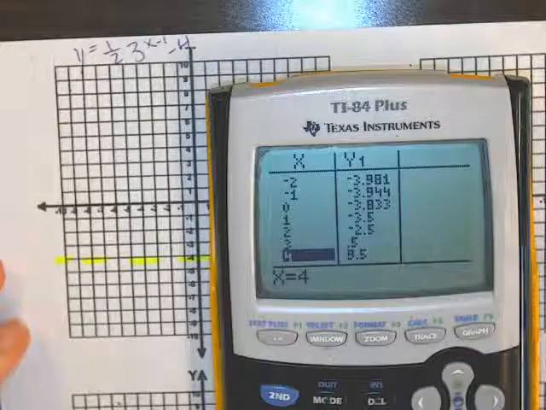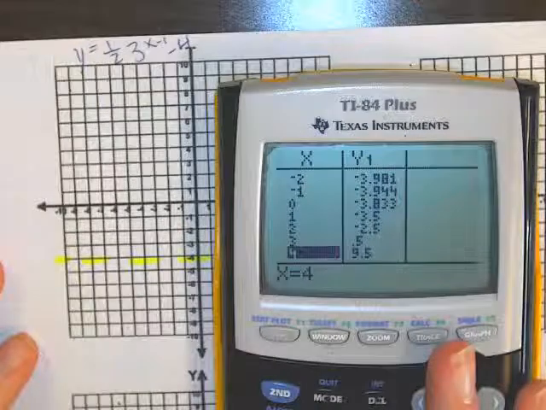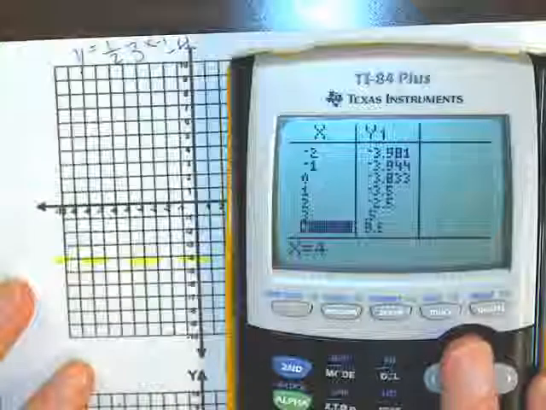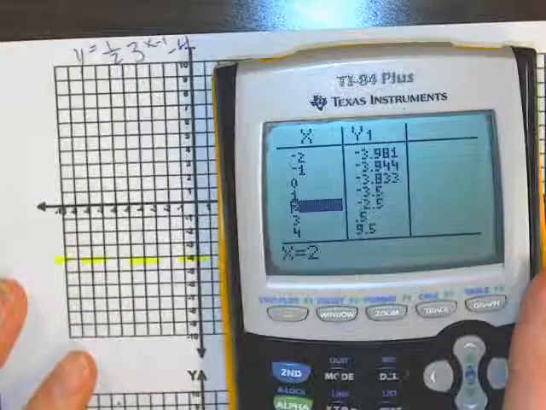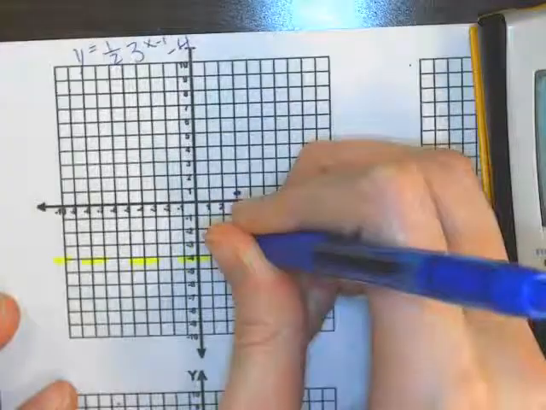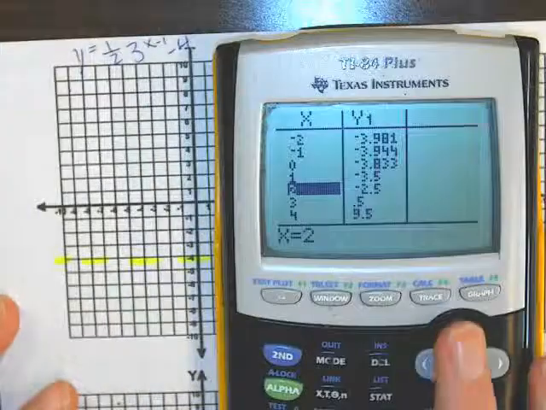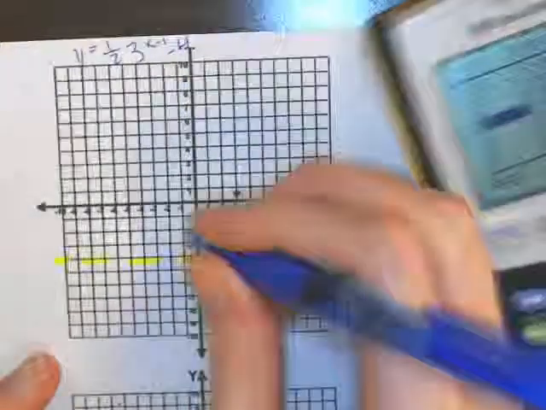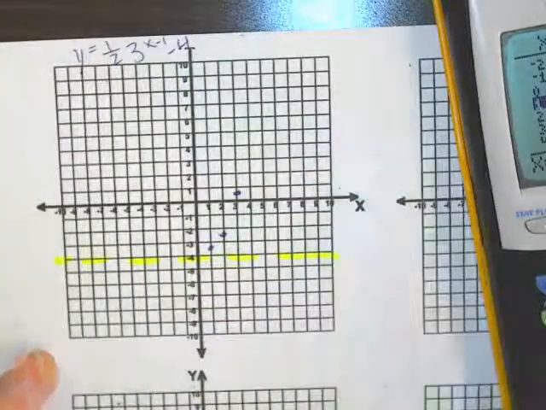Give me some numbers. 3.5. Okay, we should probably get some negatives in there. What about 2, -2.5? And then probably a little bit closer. 1, -3.5.